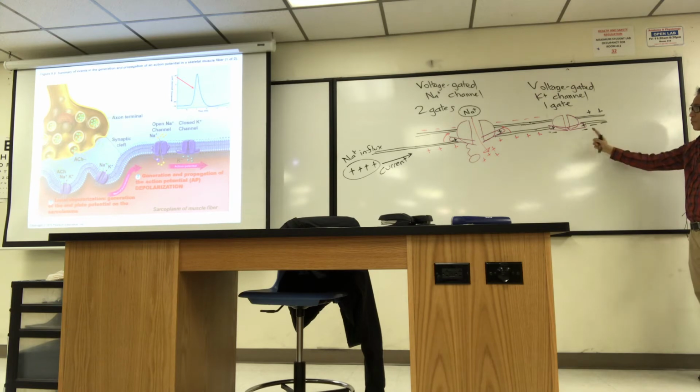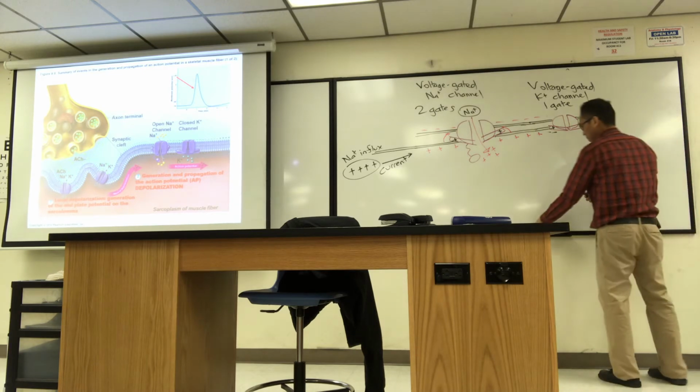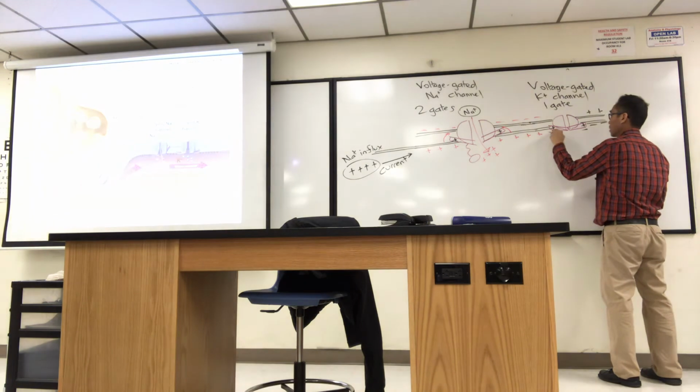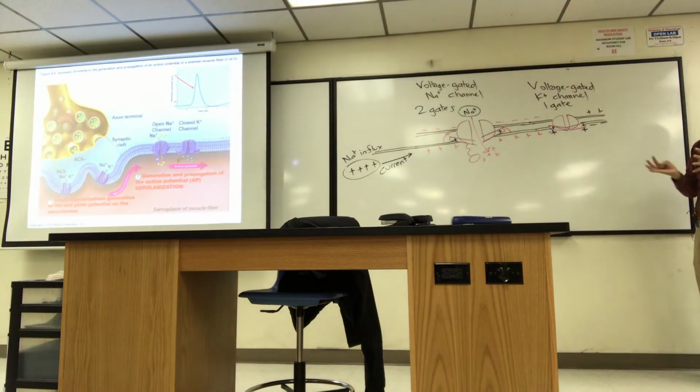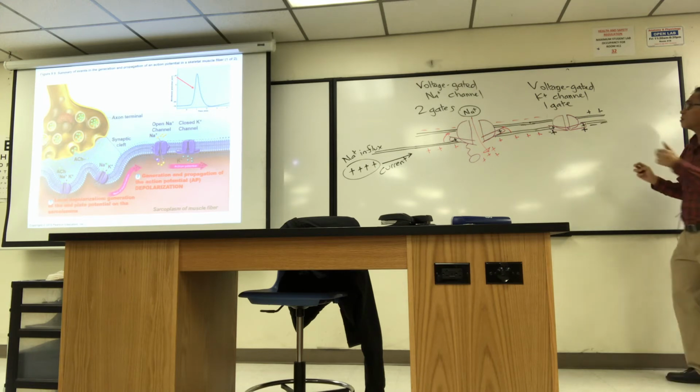You know, the same thing happens to potassium. They react at the same time. These become positive, and that gate's open too. It just so happens that this gate, the mechanics of it, the kinetics as they call it, are really slow. They react very slow.